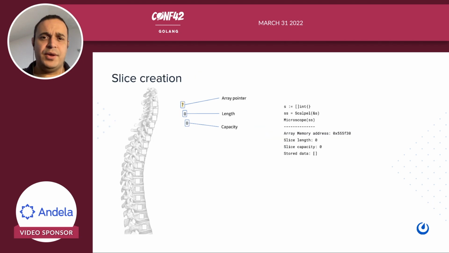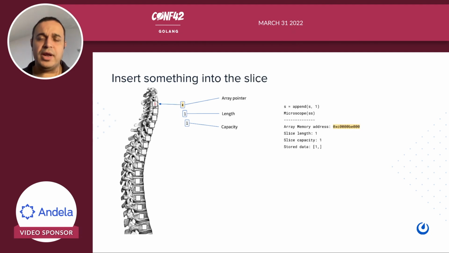What happens when I create a new slice of integers? In this case, I'm creating an empty slice of integers. The memory address of the array is not especially important here because we are not storing anything yet. The slice length and the slice capacity are 0, and the stored data is empty.